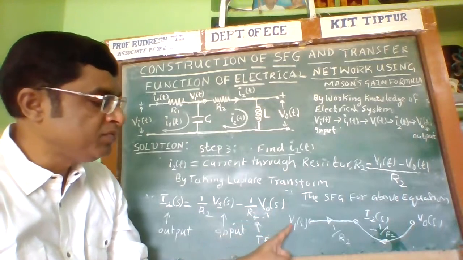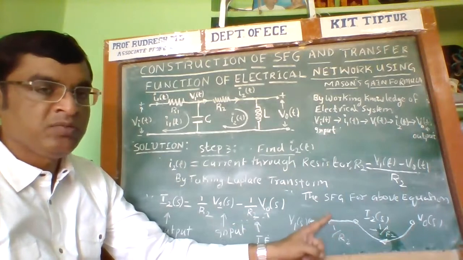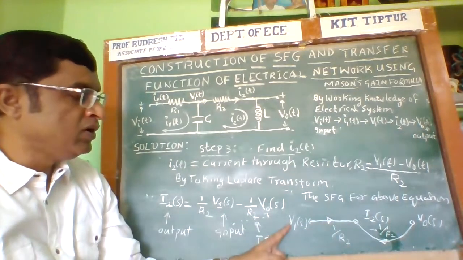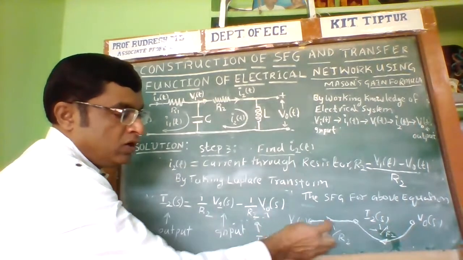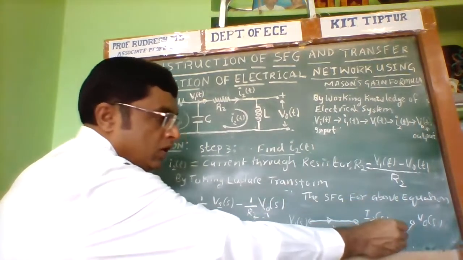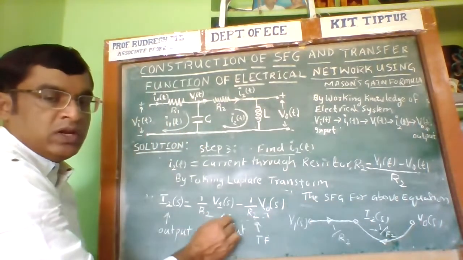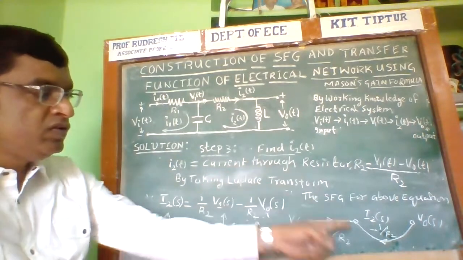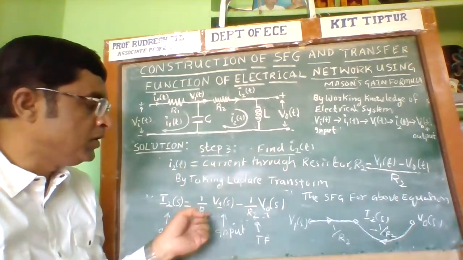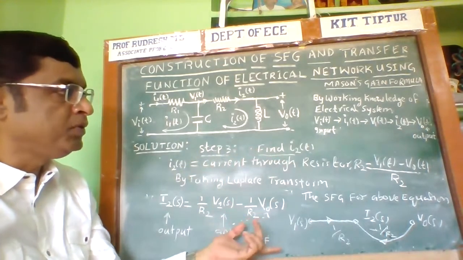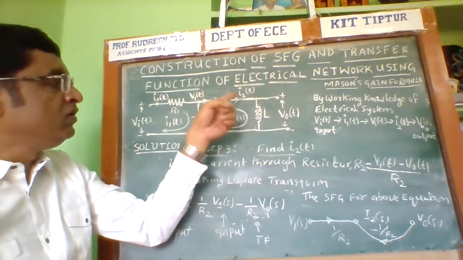While the signal passes through a branch, it is multiplied by the transmittance. Therefore, the output of any node is equal to the input into the transmittance: V1 of s into its transmittance, plus this input into its transmittance. So then you will get this particular term. Now this is the SFG for this particular equation.